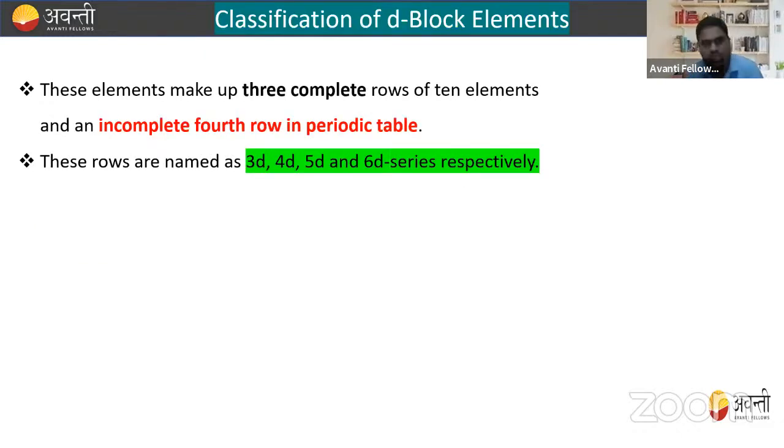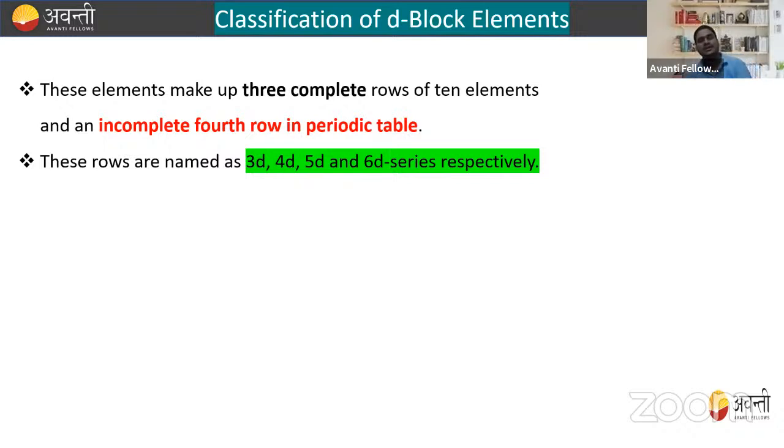Now, classification of the d block elements, that is, how should we classify the d block elements? Basically, these elements make up three complete rows of 10 elements, right? So in the 3d series, 4d series, and the 5d series, in total we have three complete rows of 10 elements and an incomplete fourth row in the periodic table.